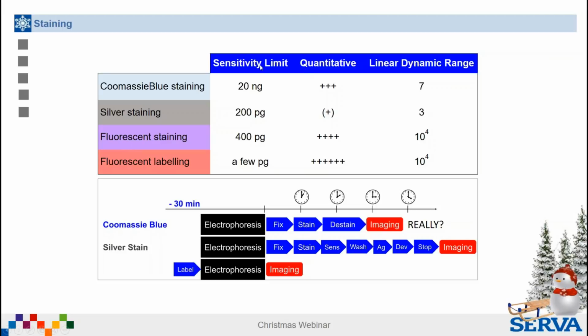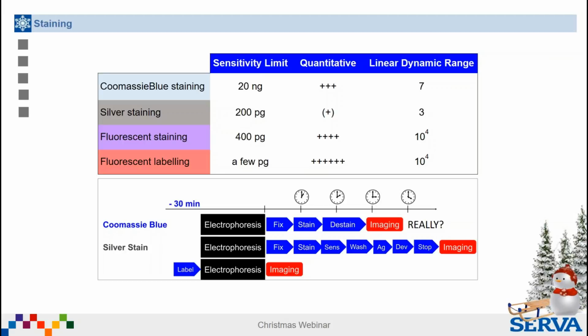The sensitivity is mainly known in the lab. So with Coomassie you can detect, let's say, down to 20 nanograms. Silver staining, depending on the kit you use, you can go down to 200 picograms. What you can see, fluorescent staining and fluorescent labeling, of course, have the best sensitivity limit.